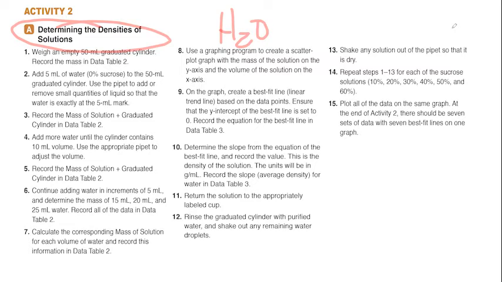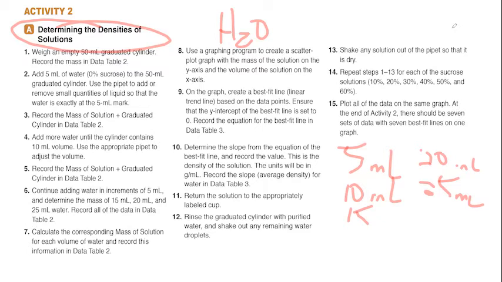So we're going to calculate the mass of 5 mL of water, 10 mL, 15, 20, and 25. And then we're going to plot the masses and the volumes using our computer, whatever program you want to use, and we'll figure out what the density of water is.